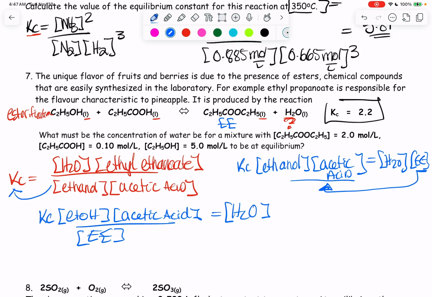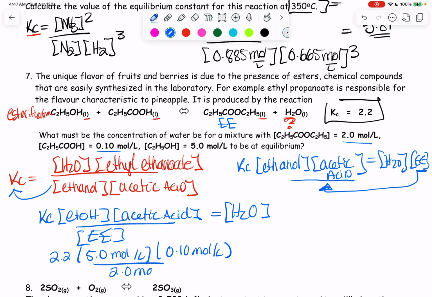So all I have to do now is sub in those values. So 2.2 times the concentration of ethanol, which is 5 moles per liter, and multiply that by the concentration of acetic acid, which is 0.10 moles per liter, all divided by the concentration of ethyl ethanoate, which is 2.0 moles per liter, should give me the concentration of water.